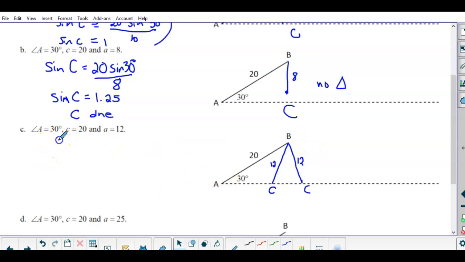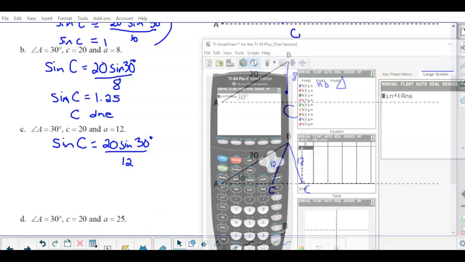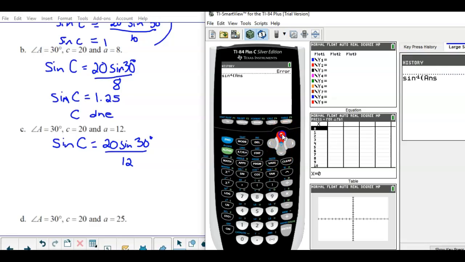But again, we've got the same capital A and C. The only thing that's different is your side a. So I'm just going to change the 8 from the last one to a 12. And again, get out your calculator. I'm just going to redo it because I copied it in the wrong place anyway.